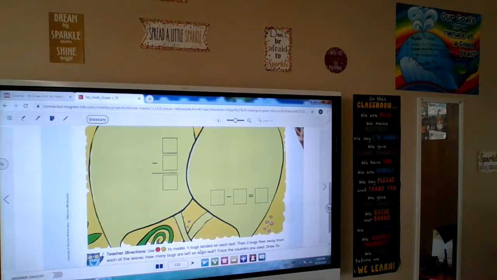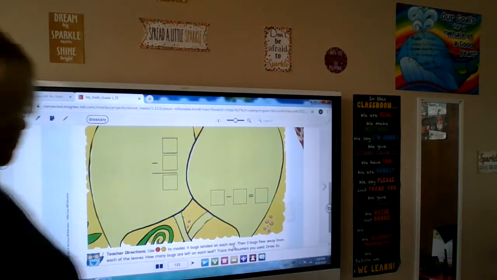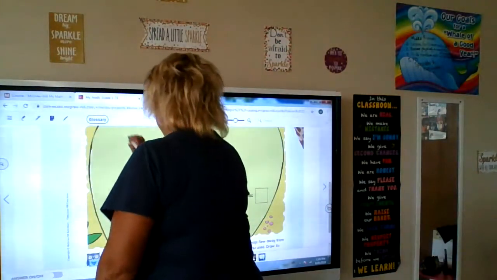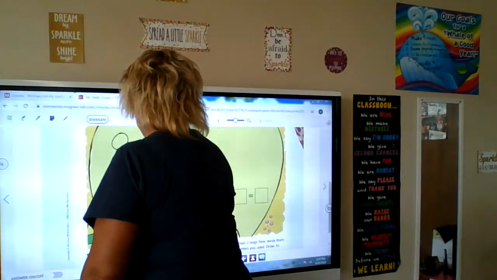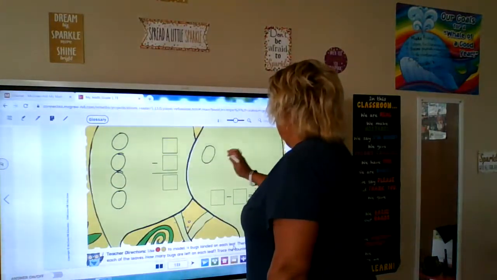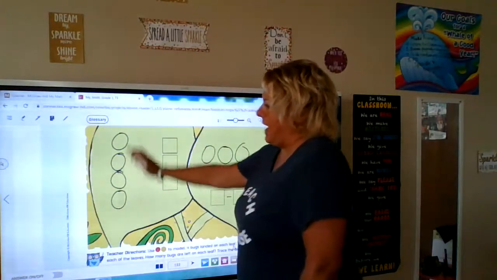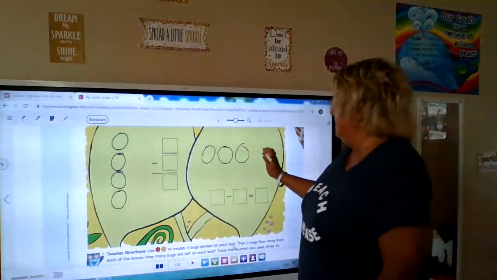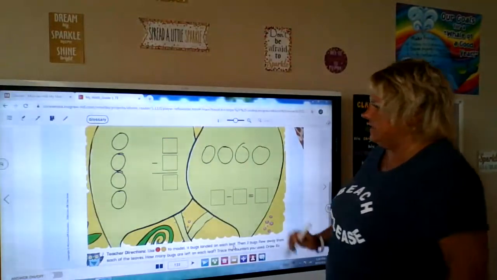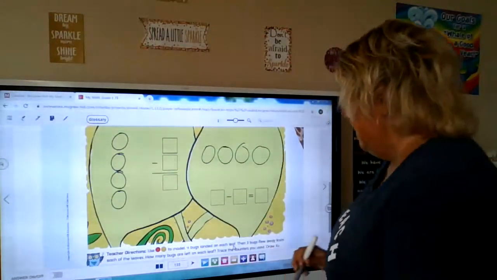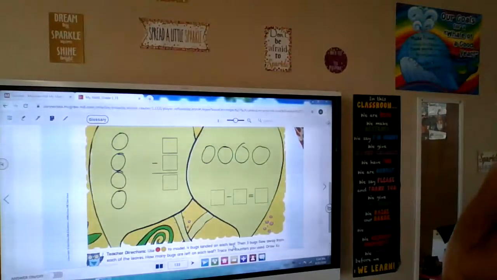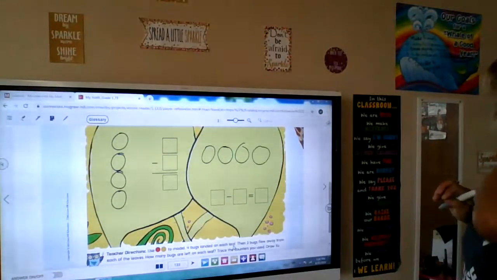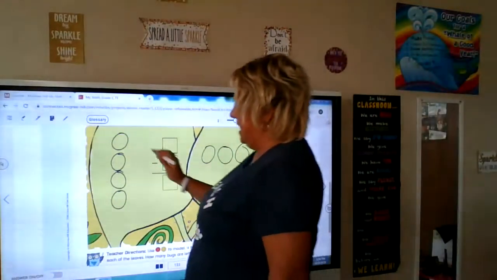It says 4 bugs landed on each leaf. Okay, I'm going to draw 4 bugs, but I'm just going to use circles. I'm going to draw 4 up and down on this leaf and 4 across on this leaf. 4 bugs landed on each leaf. Then 3 bugs flew away from each of the leaves.